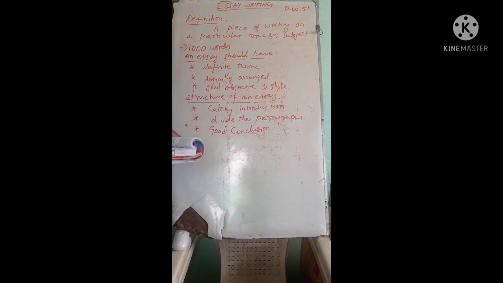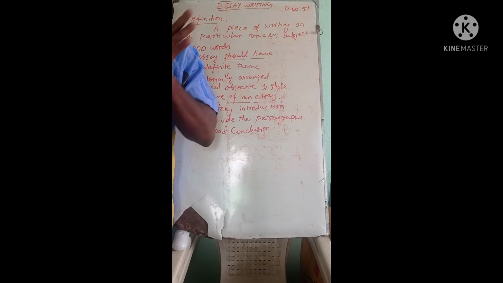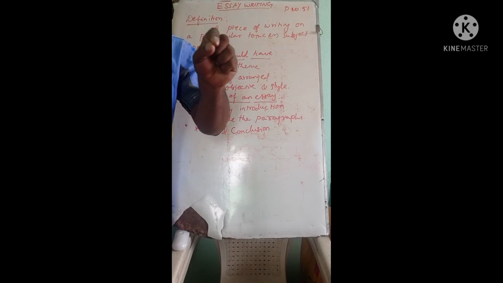So these are the things a writer should have. Clear? And while writing an essay, this is what an essay should have, this is the structure of an essay. And the next, I told you what a writer should have. Clear? And before he is going to write his essay, what should he do?